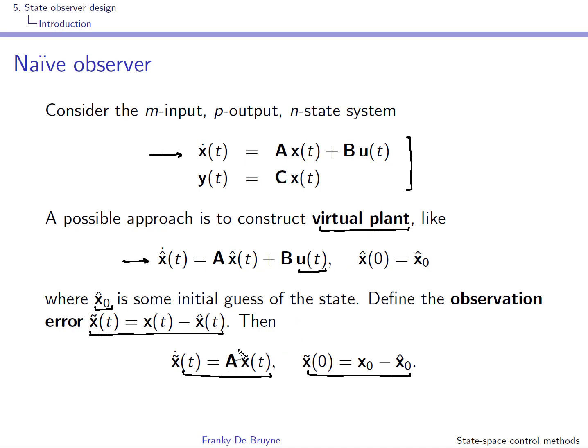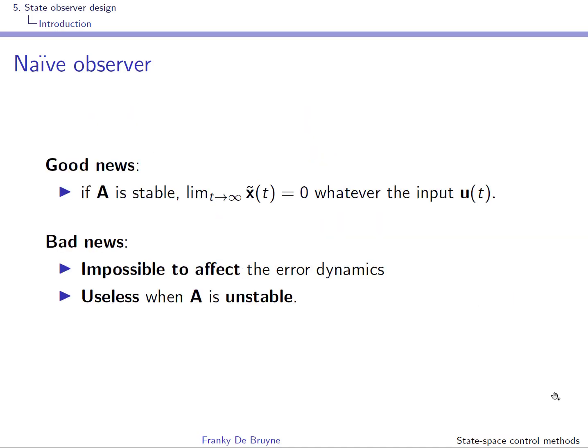If this is a matrix with eigenvalues that are to the left of the imaginary axis, well, you'll start from an initial condition x tilde 0, but since the system is stable, x tilde will evolve to 0. Remember that this is the case if A has its eigenvalues to the left of the imaginary axis.